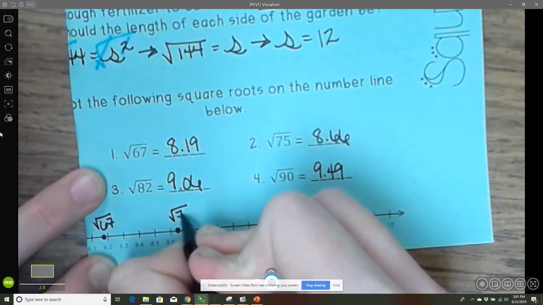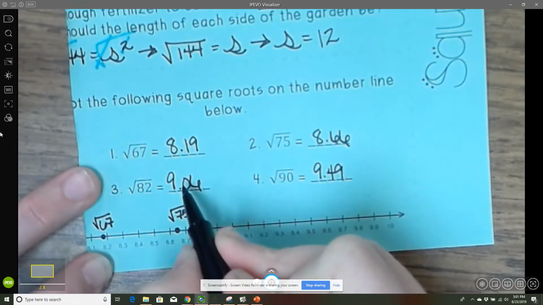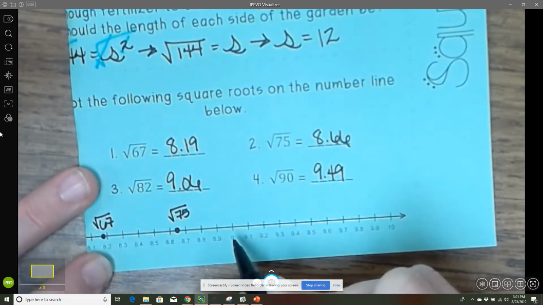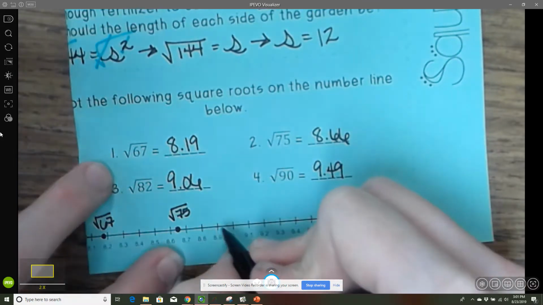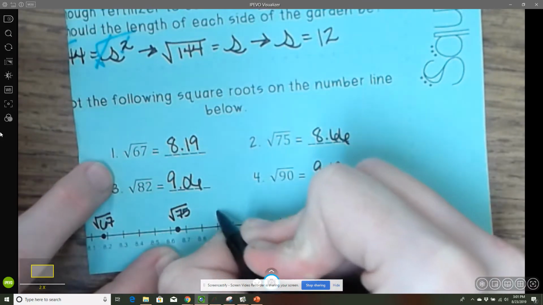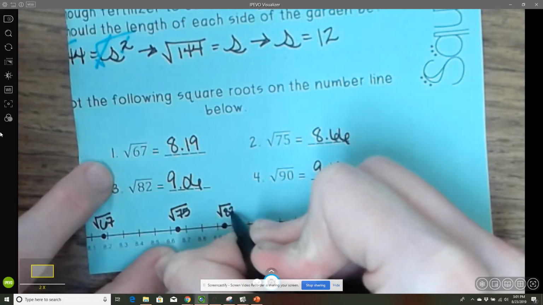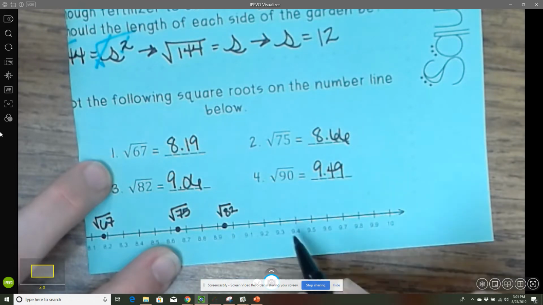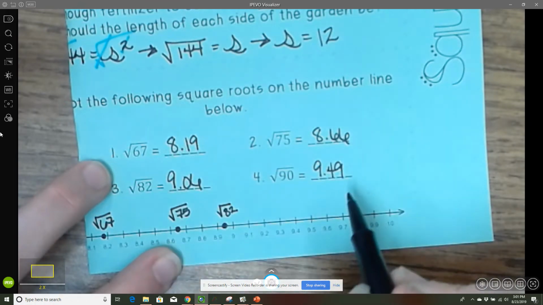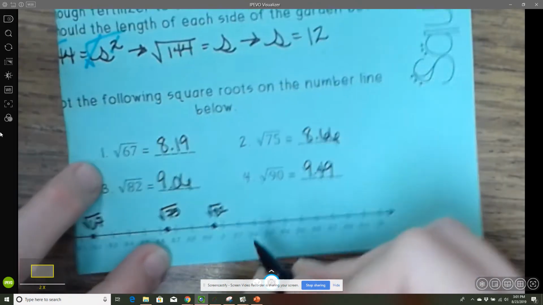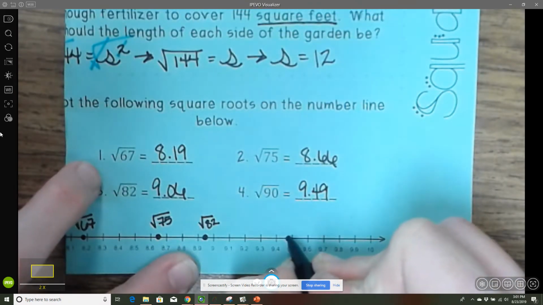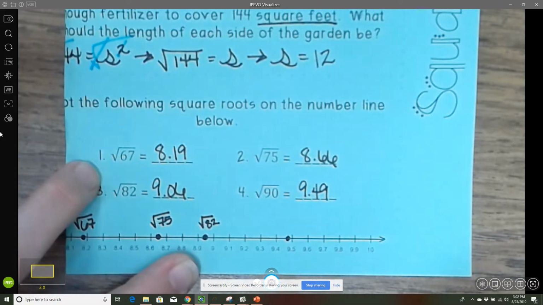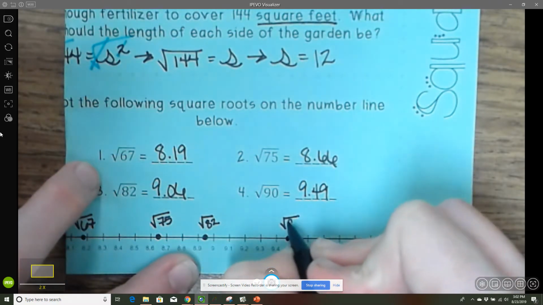So this one would be the square root of 75. 9.06 is going to be between 9 and 9.1, again almost exactly halfway. That would be the square root of 82. And then 9.49 is going to be between 9.4 and 9.5, but it's closer to the 9.5. So I'm going to place my dot pretty close there, and that would be the square root of 90.